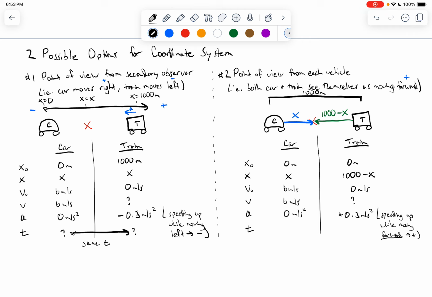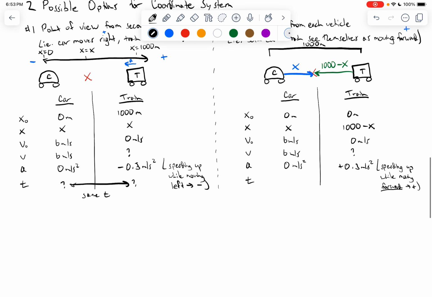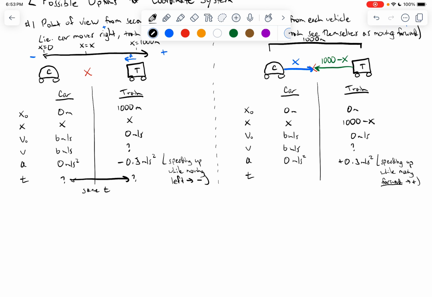So again, option number 1 versus option number 2 really comes down to personal preference. For the sake of setting up our problem here, we're going to use this option number 1 information, so we'll be looking at our table on the left.